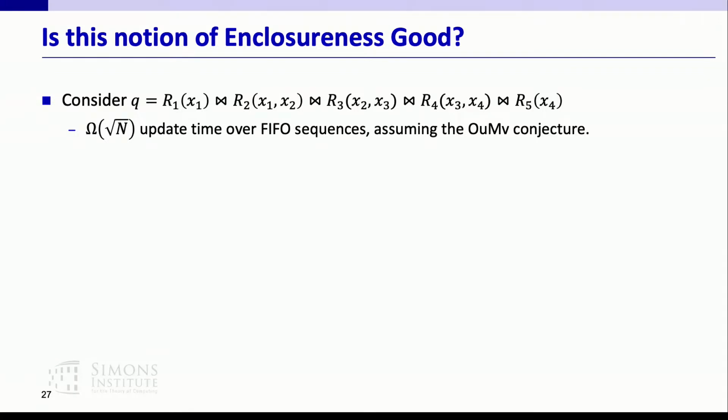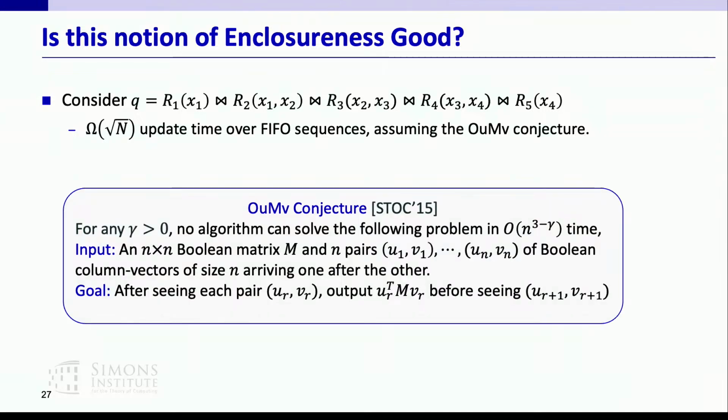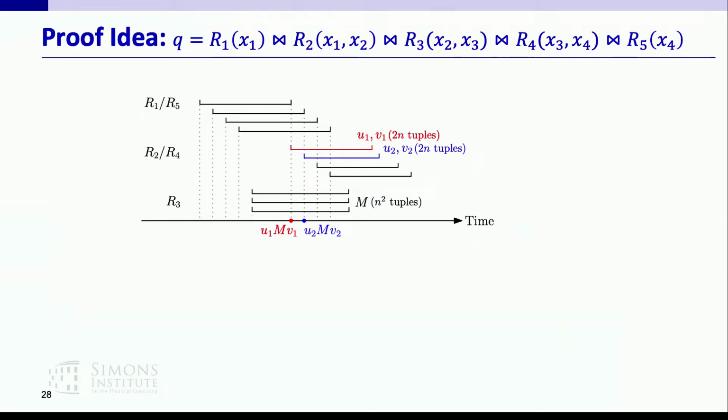So this means that the first in first out sequence has a very low enclosure list in their definition, but it still cannot capture the hardness of the update for this query. I assume that you all know about the OuMv conjecture, so I will skip this part and show some idea why this query is hard under the first in first out update sequence.